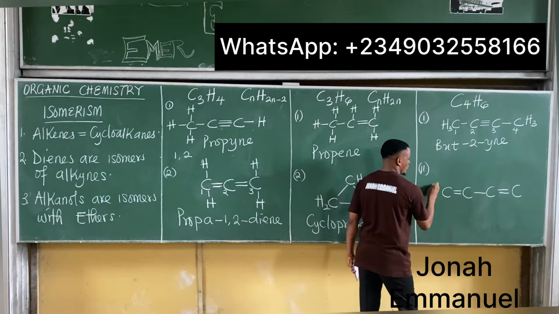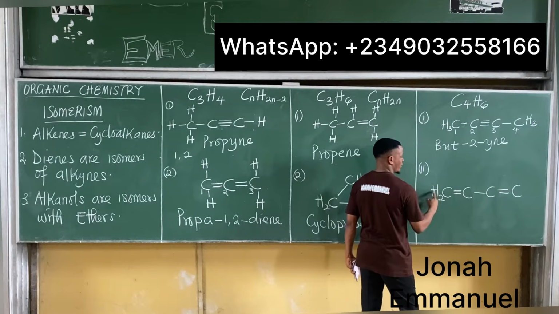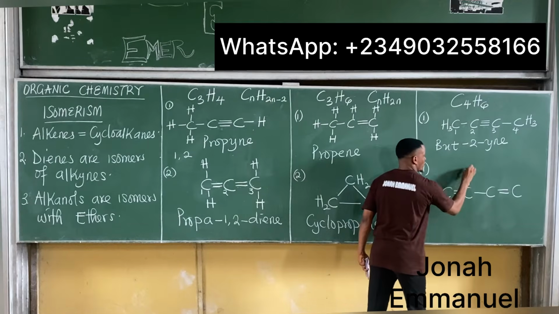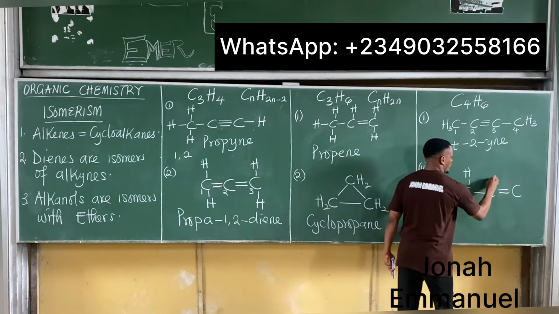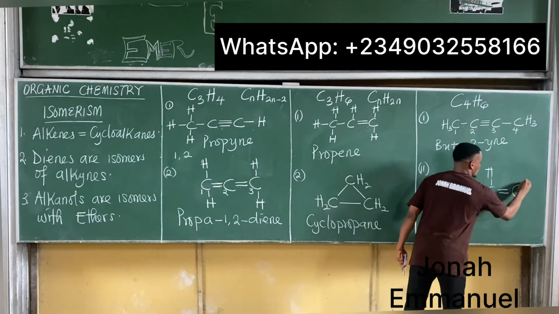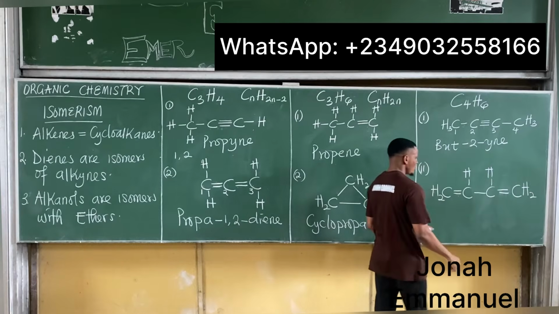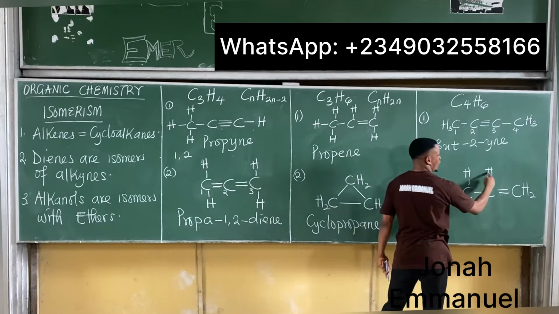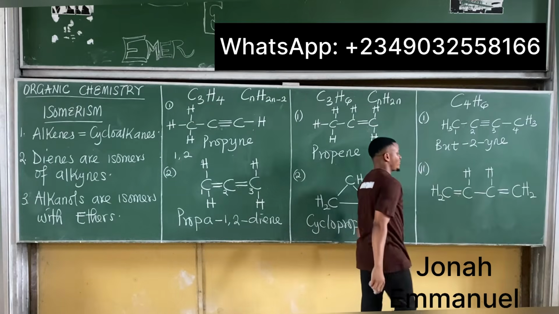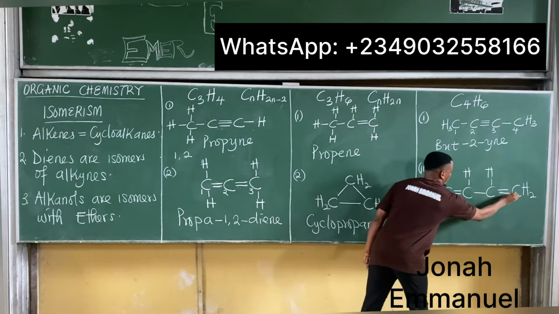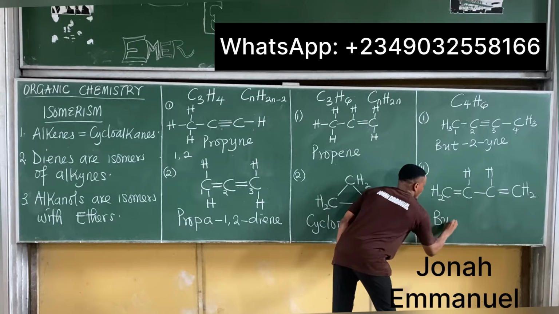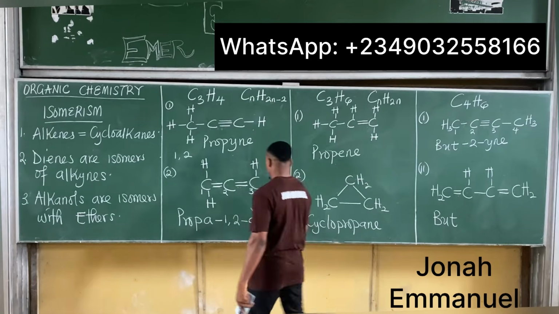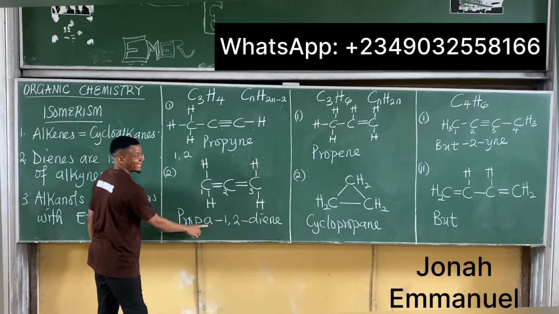So this is 1, 2, 3, 4 carbon, C4H6. Name this compound 1, 2, 3, 4. 4 is but. And I said for your double bond, what is it now? Add an a.